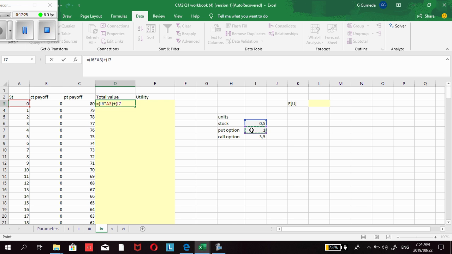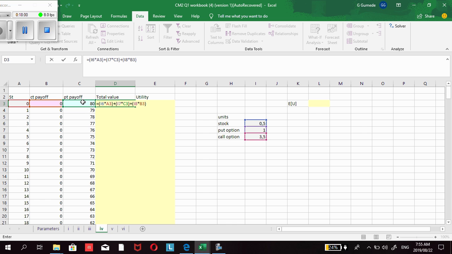I'm holding 1 unit, multiplied by the payoff of the put option, because we are at maturity. We are at time 5. And then I'm going to add the number of units of the call option, multiplied by the payoff, which will be paid at maturity, because we want the value at maturity. So I need to multiply this by the payoff of the call option.